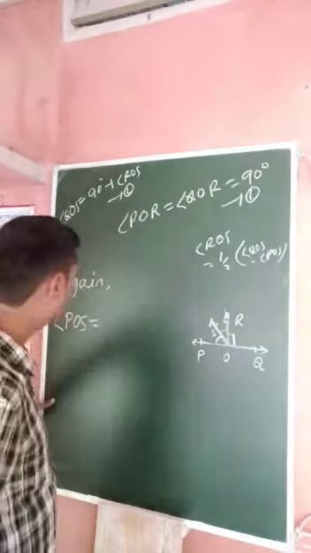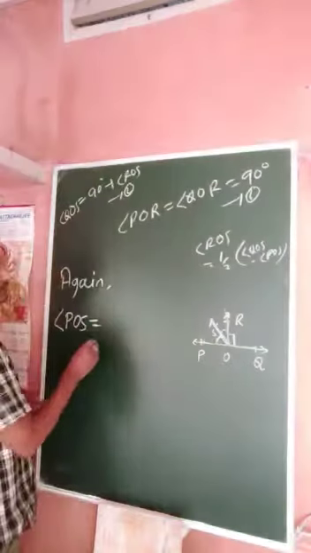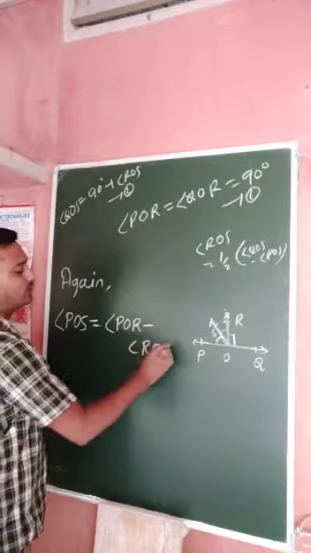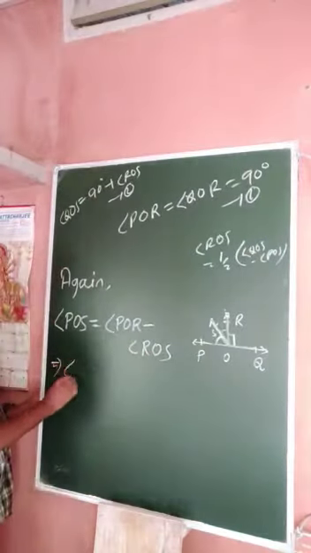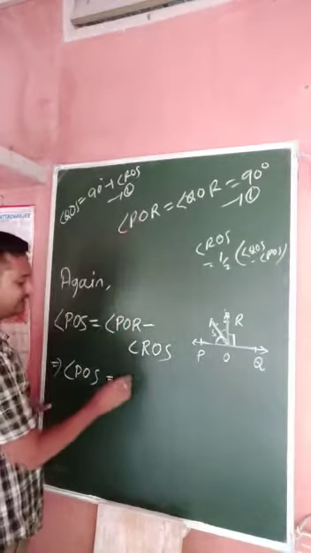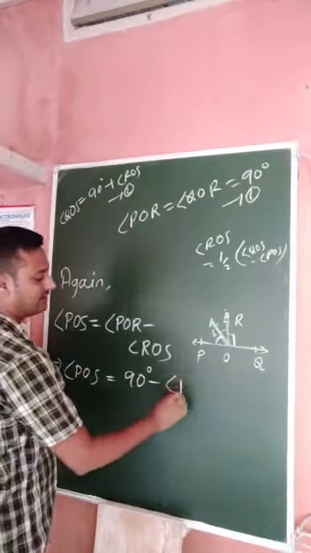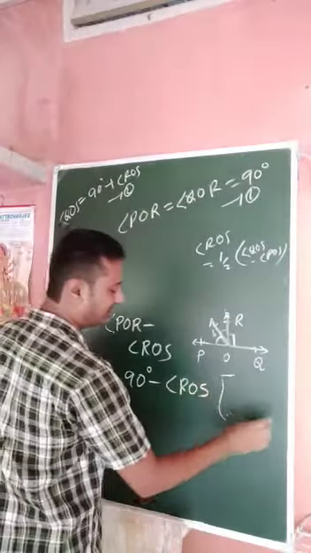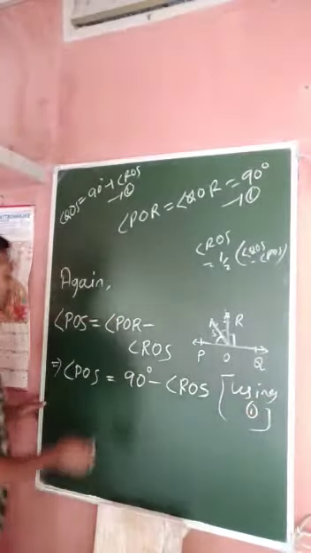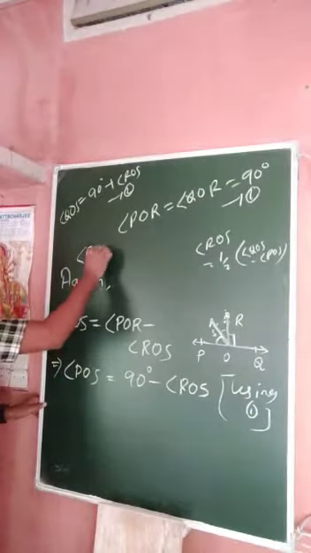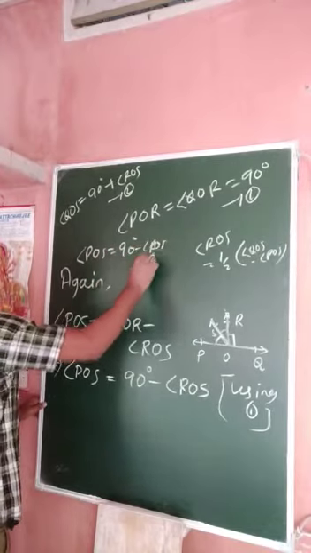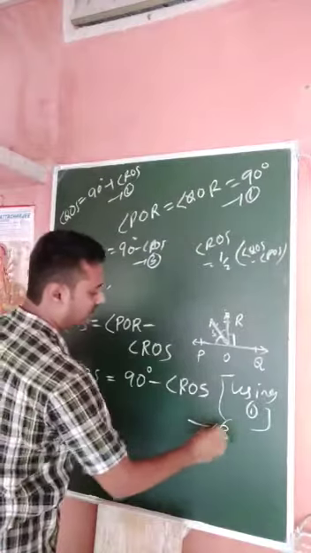Okay, that means angle POS is equal angle POR minus angle ROS. So that implies angle POS, you can use POR equal to 90 degree, 90 degree minus angle ROS. In bracket you just write using 1. So you just write angle POS equal 90 degree minus ROS. This is number 3.